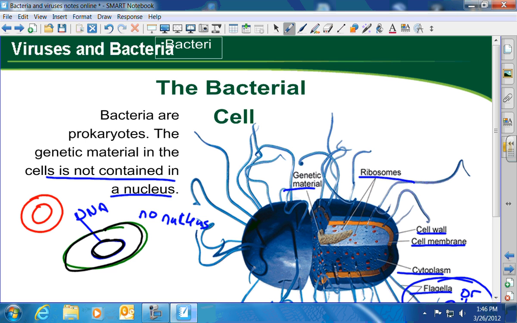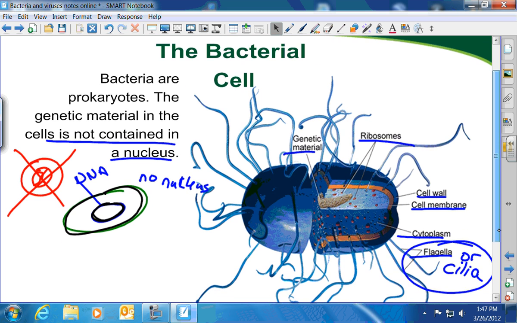We have a nuclear membrane, and we have our DNA in that. That is not a bacterium. A bacterium has a circular DNA. Okay, so they're about a tenth of the size of a eukaryotic cell.